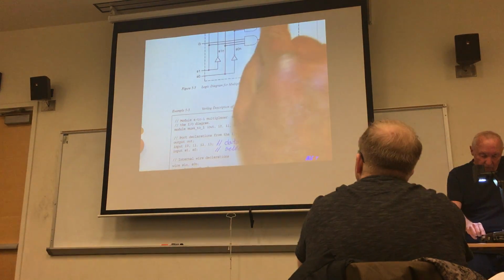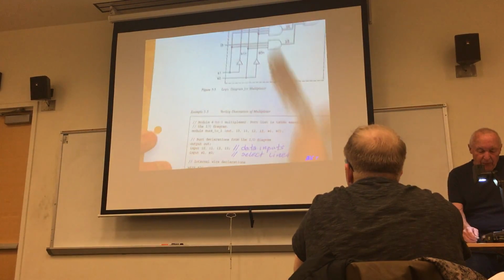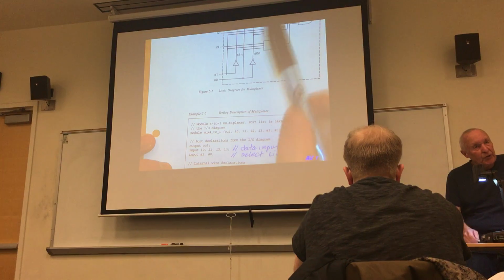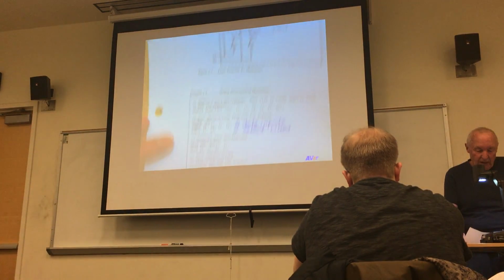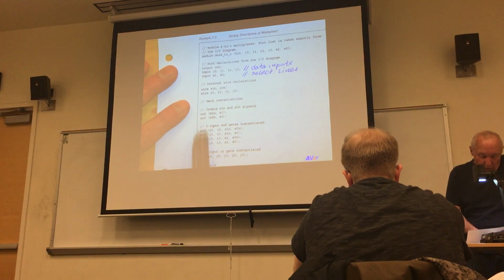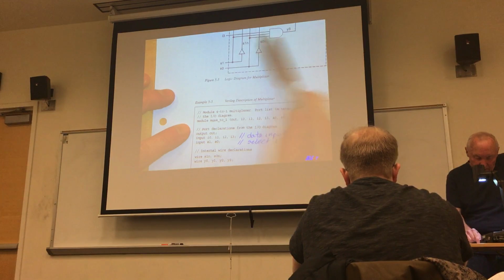Now I have 4 3-input AND gates. So I have 4 ANDs. Now, they didn't put in the U1, U2, U3. I would have, but your author did not in this example. So here's 4 AND gates. And let's take this AND gate right here.